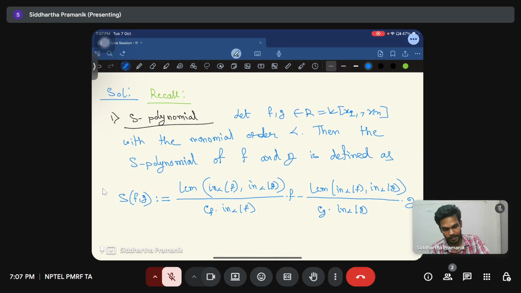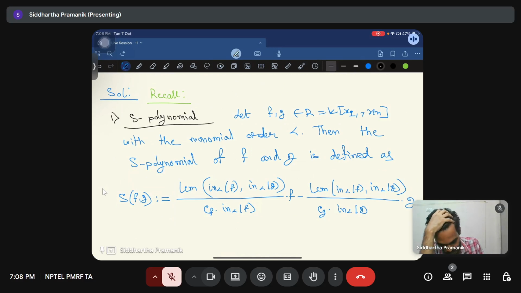So here basically we are cancelling out the leading terms, right? This is the definition of the S polynomial of f and g.